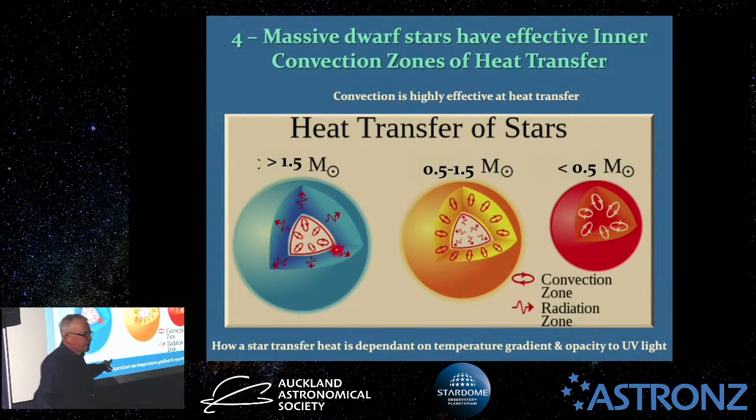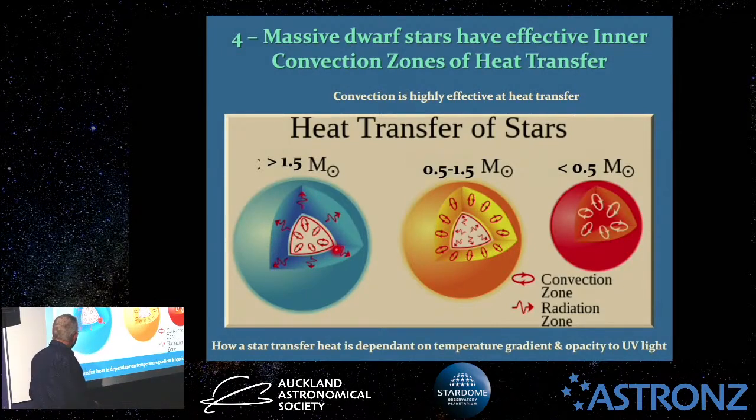It all comes down to this: what determines whether you're going to do convection or radiation? It depends on the conditions within the star, whereby a very steep temperature gradient will favour convection, and the transparency or opacity of ultraviolet light in the environment of hydrogen within the star determines whether it's radiation.